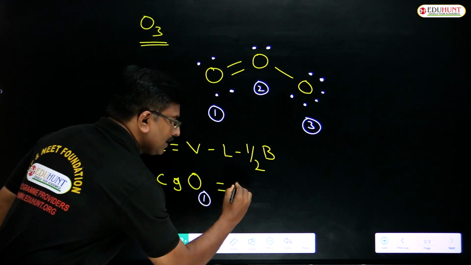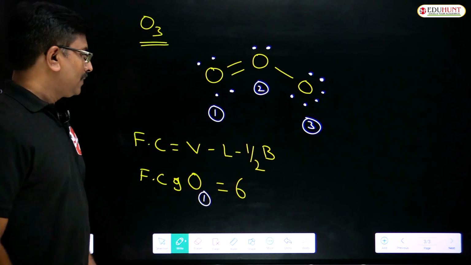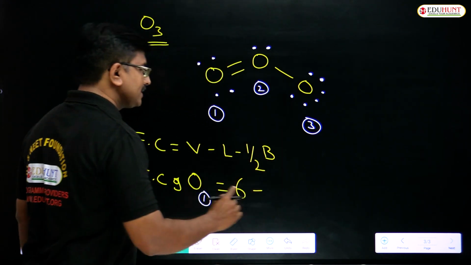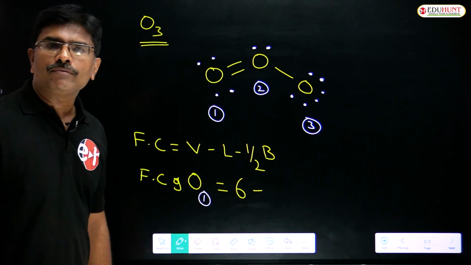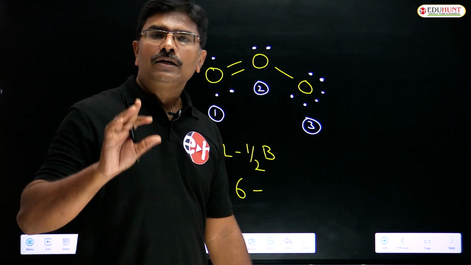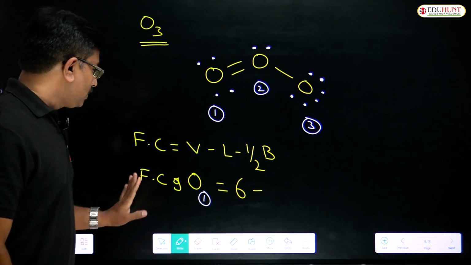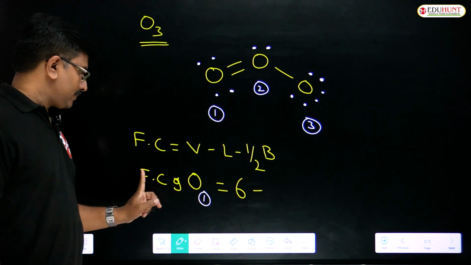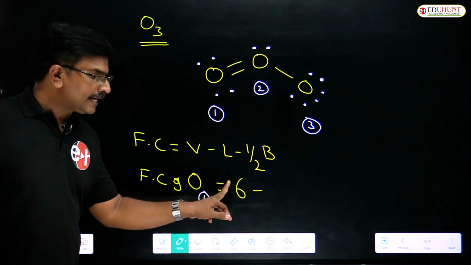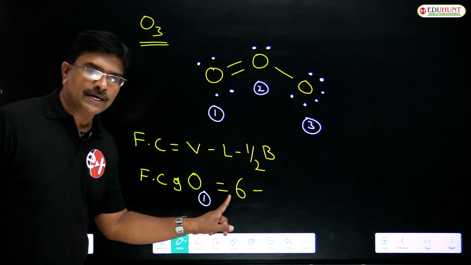So in the place of V we are substituting 6. In the place of L, we have to take the number of electrons in lone pairs. In the case of the first oxygen, the valence electrons we have taken are 6.